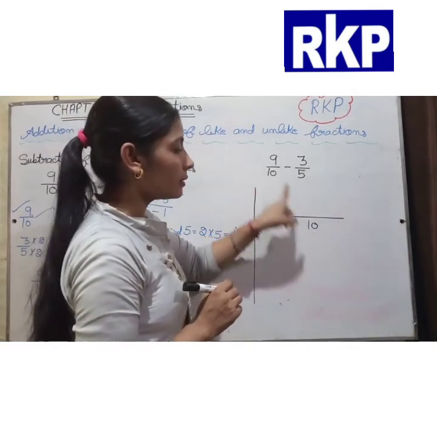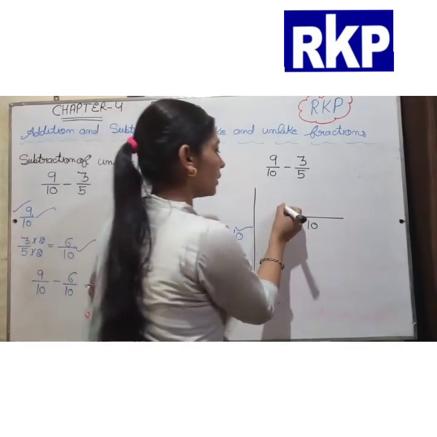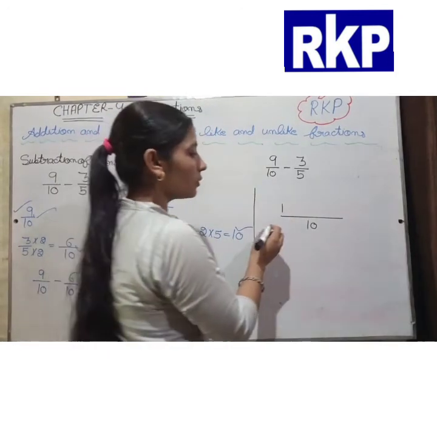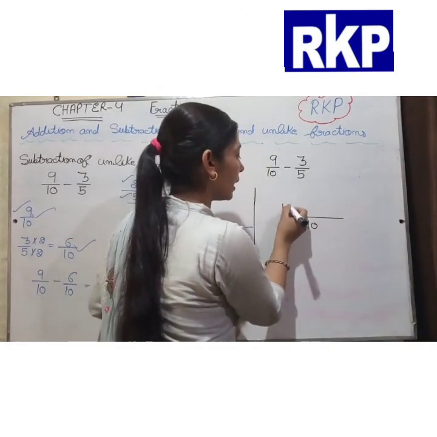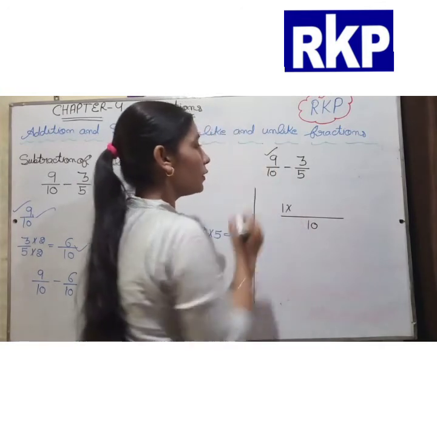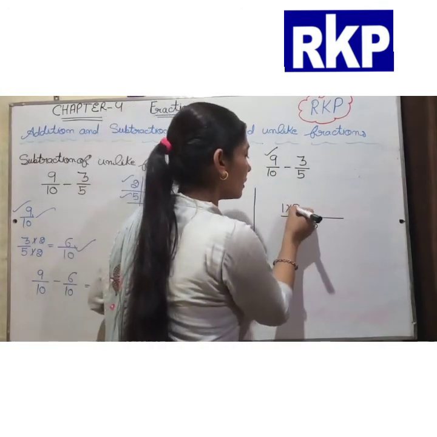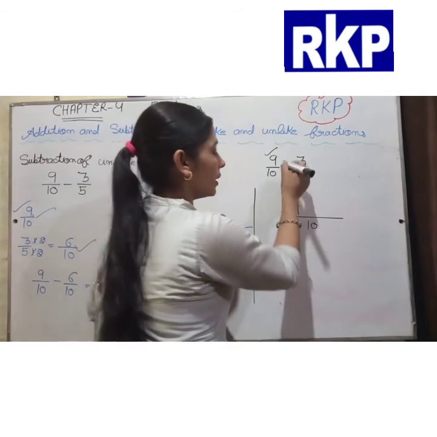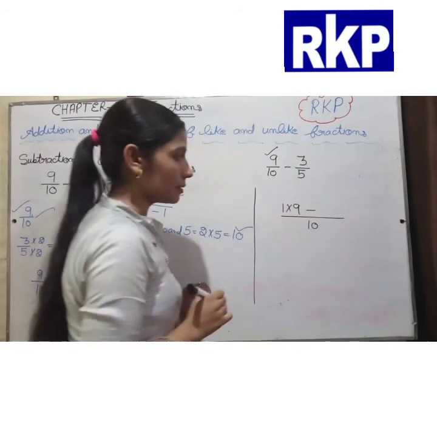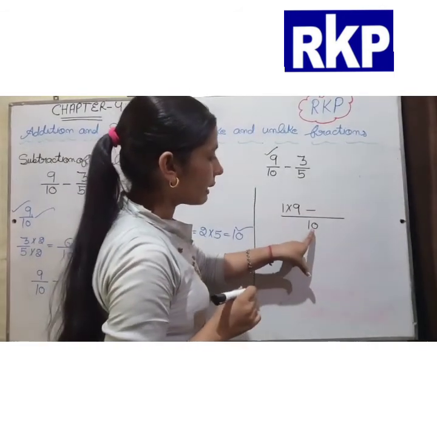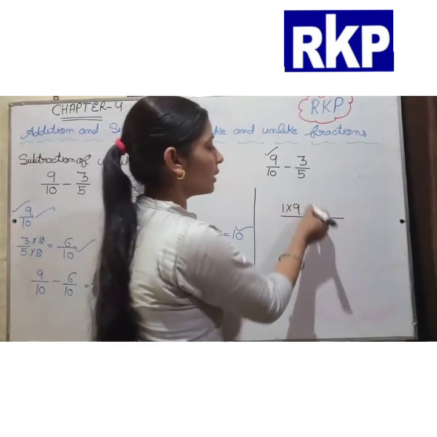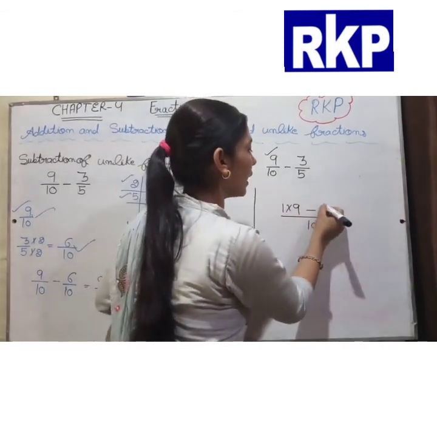When we divide 10 by 10, we will get 1. So write 1 here. Now we have to multiply 1 by the numerator, and the numerator is 9. Now the sign of subtraction. Now we have to divide 10 by 5, and we will get 2.